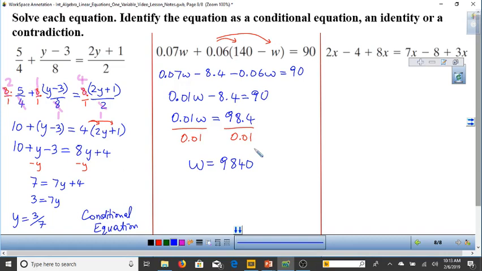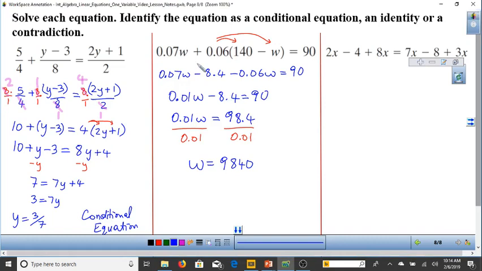And then if you do 140 minus 9,840, you get negative 9,700, which you will then multiply by 0.06, and that would be negative 582, which you add to the 688.8, and the left side works out to be 106.8. So there is an error because both sides are supposed to work out to be the same. So let's just check to make sure I didn't make an error here, and indeed I did.